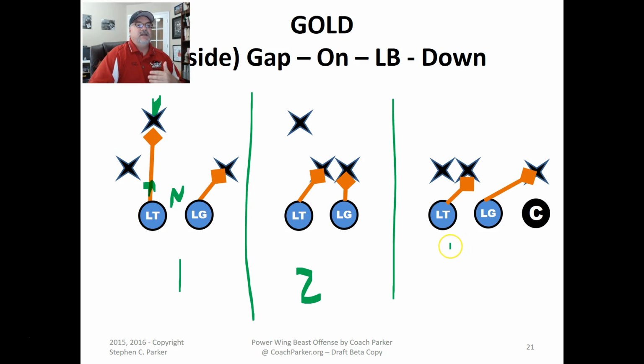So this next one here, you've got your left guard inside gap no, on no, linebacker no, but he's got a guy with 1, 2 gaps. He's going to help the center with the nose guard.